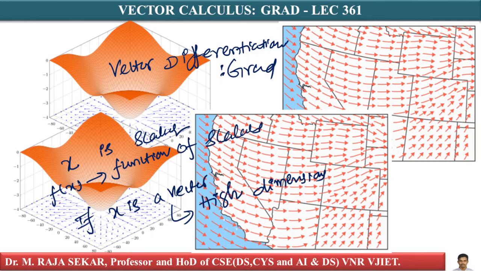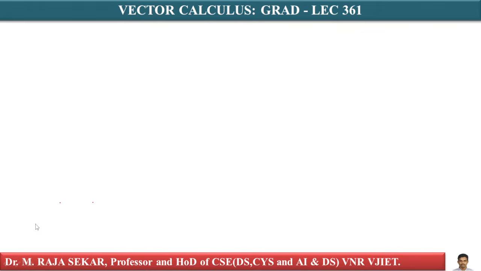So imagine, let's take a simple example. Suppose my y equals A transpose x. Let's assume x is a vector.